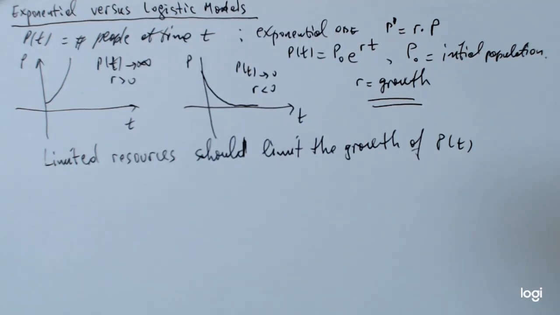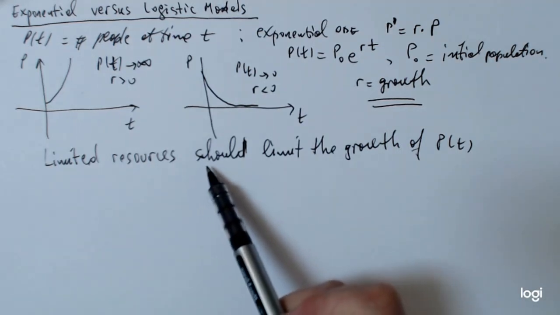For various reasons: limited food, limited resources, maybe even physical space. Not so much for human populations, but even if you imagine that the resources are plentiful, there is at some point a finite amount of space in an environment, and obviously that should limit the population growth.